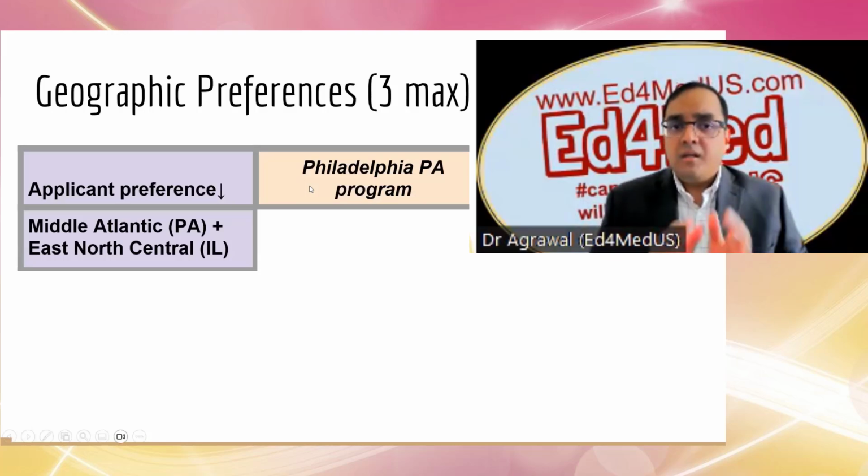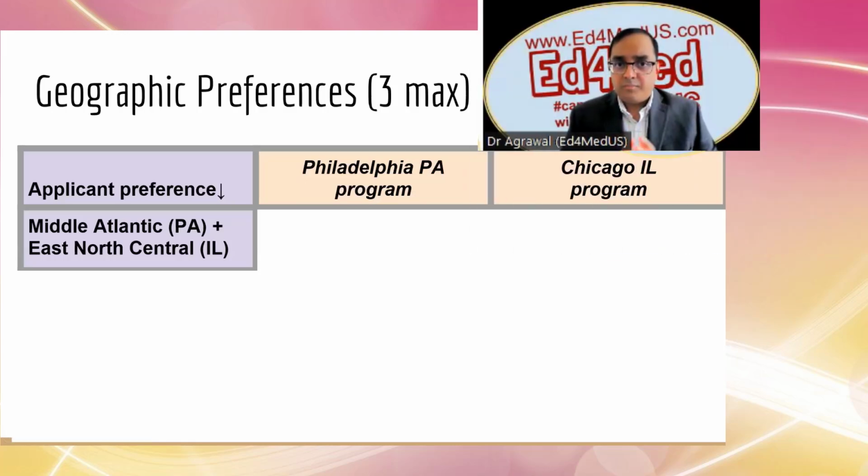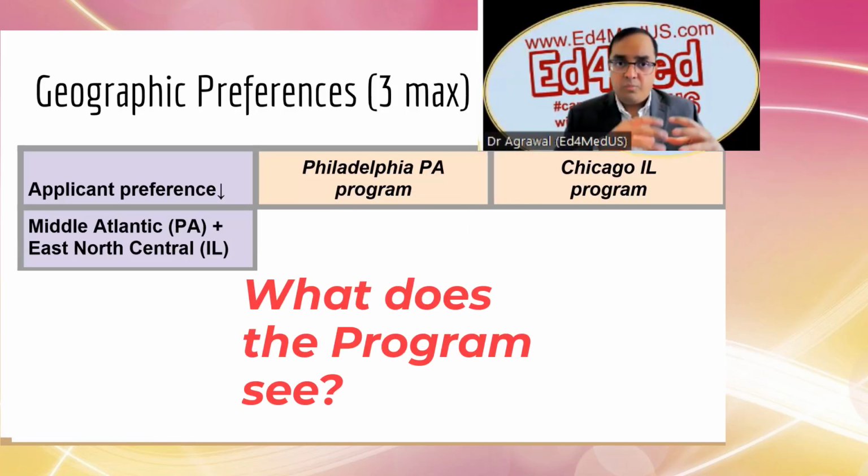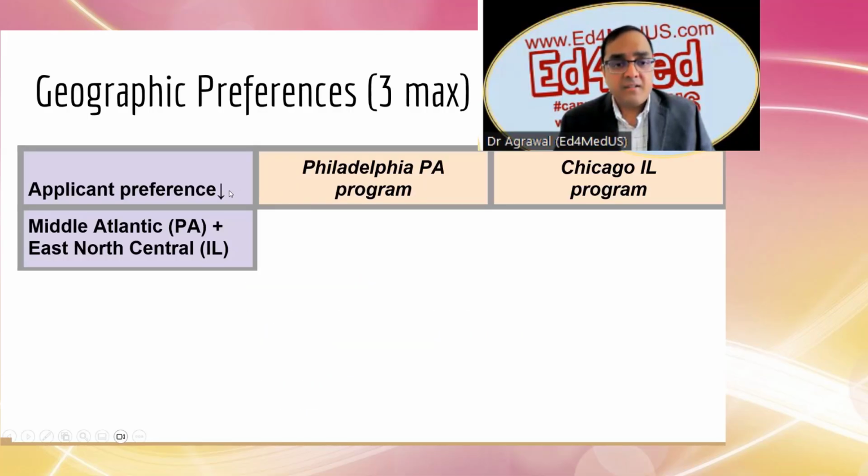Let's look at some. So I want to explain to you what the choices mean to the programs. So say the applicant is applying to a program in Philadelphia and Chicago, and they give these preferences: Middle Atlantic geographic preference, East North Central, which includes Illinois.